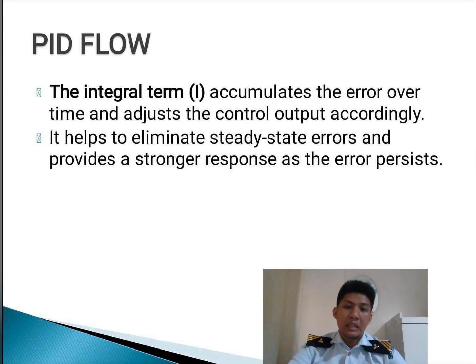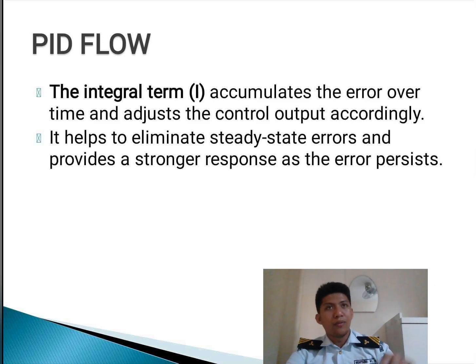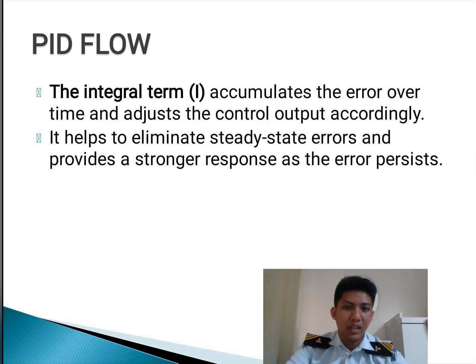Next we have the integral term, which accumulates the error over time and adjusts the control output accordingly. Integral means necessary to make a whole complete. Meaning sa usa ka tuyukan, nakaset na siya sa usa ka tuyukan, kailangan kumpleto na siya. So, ibutang ta lang sa usa ka tuyukan sa oval, kailangan maabot siya in 12 seconds.